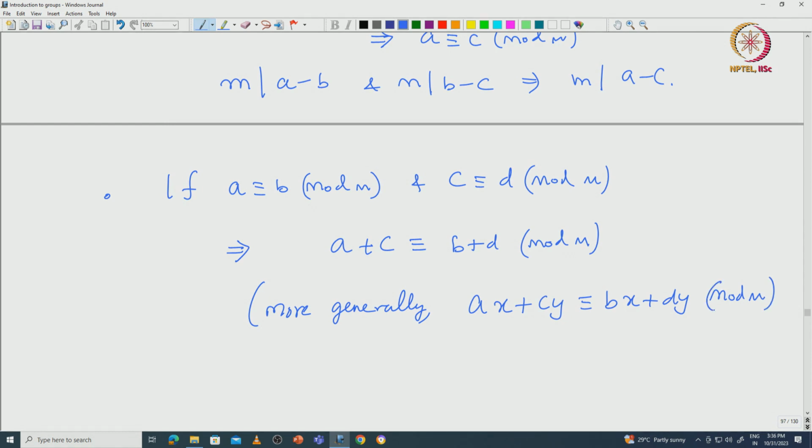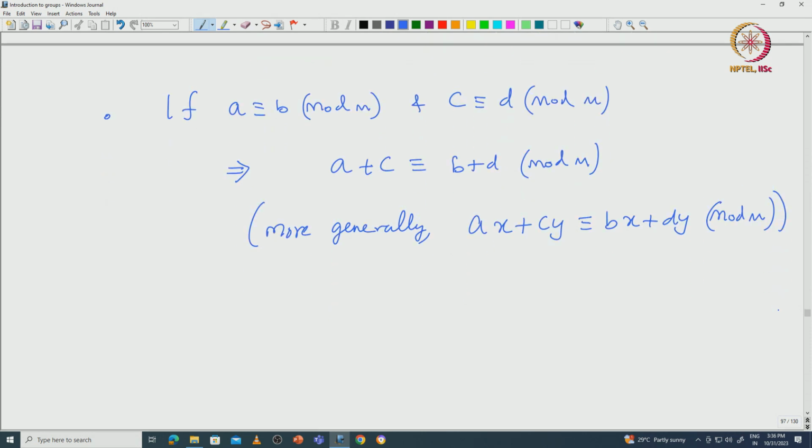So you can add component wise. And then you can also multiply them. For example, ac will be congruent to bd modulo m. So with respect to multiplication and addition, this congruence is well behaved.